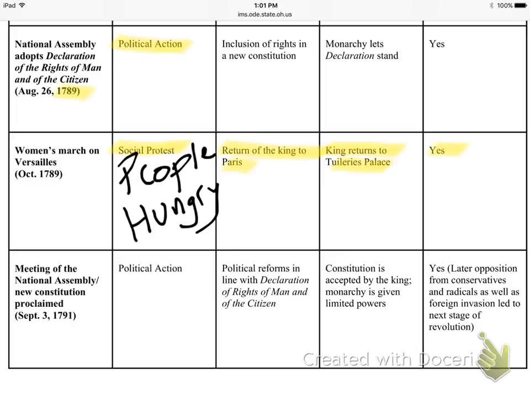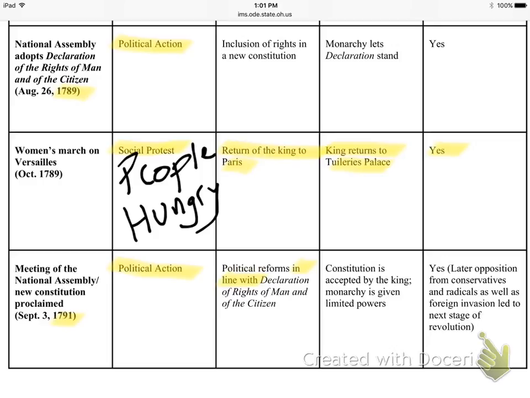And the last thing we'll talk about in this video is another political action here. It's the meeting of the National Assembly, and a constitution was proclaimed. This is 1791, so we're a couple of years down the road. This is a political reform, and it is in line with, and that's what I would stress earlier, it's in line with the Declaration of Rights of Man and of the Citizen.